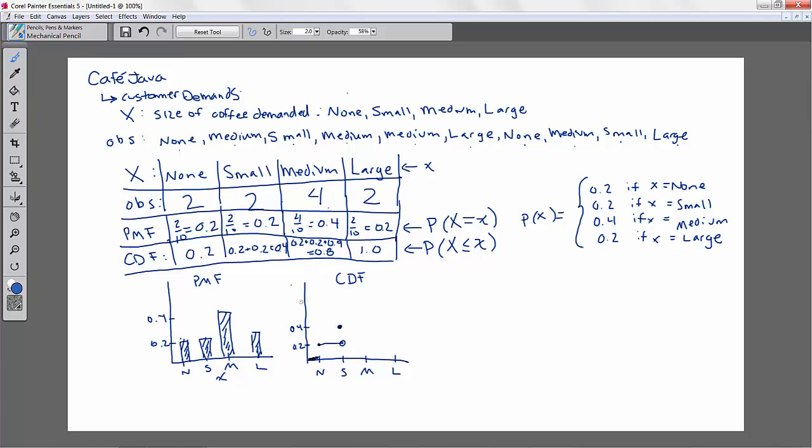Then the CDF value for medium is 0.8, and the CDF value for large is 1. So the CDF for a discrete random variable looks like a step function. It always has 0 on the left extreme and a 100% chance of being smaller than or equal to the largest extreme.